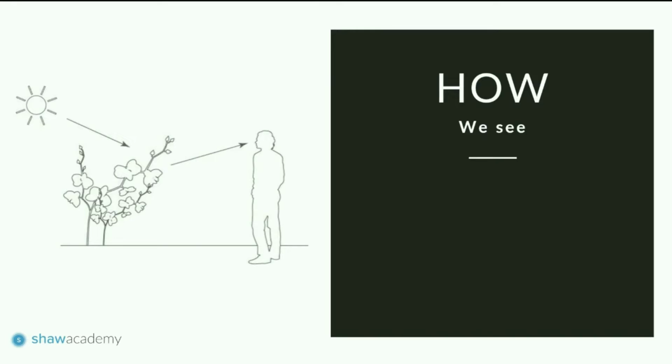But how we see is that light is actually reflected off everything around us. Everything that you look at reflects some light, and that is what allows us to see. If you think about it, when we're in pitch darkness, when everything is completely black, that means there's a complete absence of any light at all. And this is why we can't see, because there's no light being reflected off any objects.